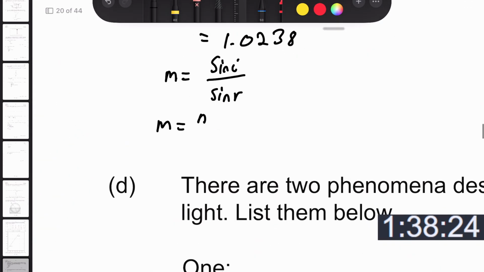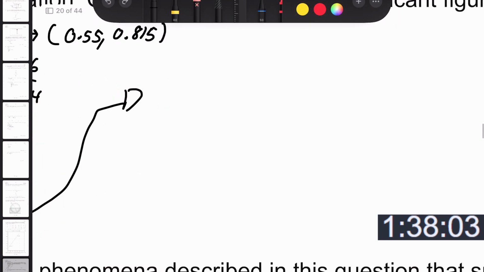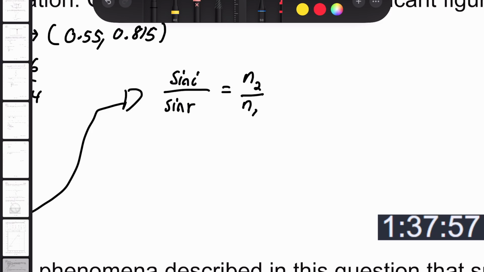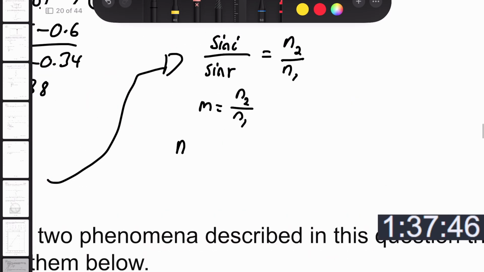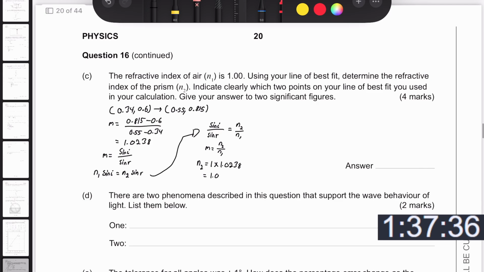So M is equal to n2 over n1. So n1 sine of I equals n2 sine of R. Then n2 is equal to 1 times 1.0238. Wait, that doesn't seem right.